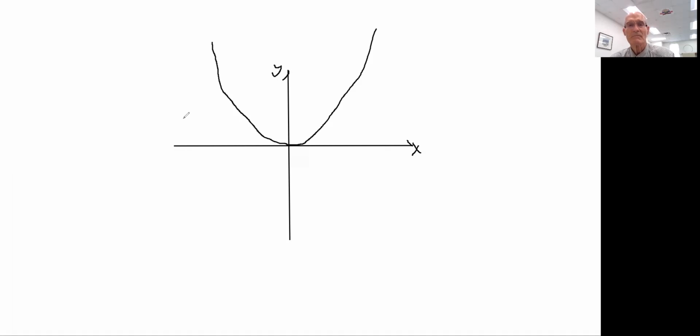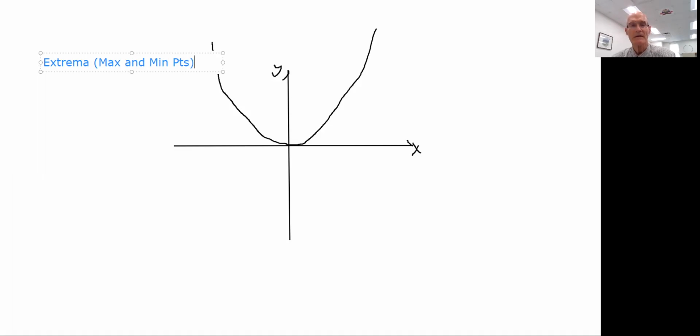Now, if we look at extrema, this is max and min points. All right.